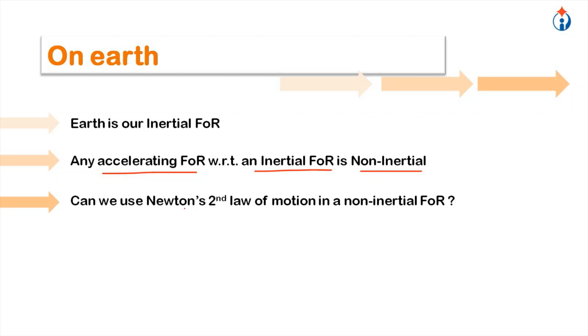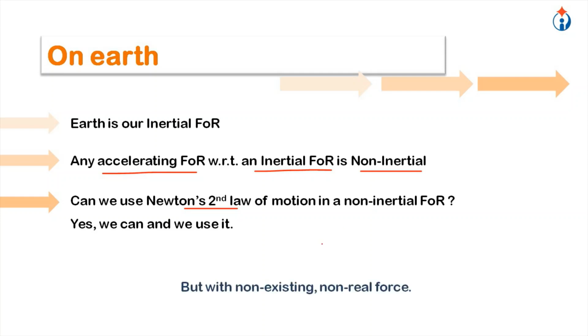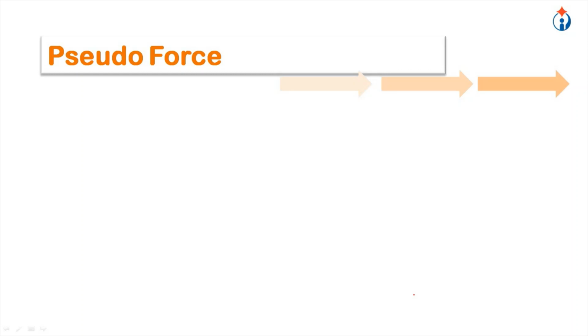Now, question comes, can we use Newton's second law of motion in a non-inertial frame of reference? Yes, we can, and we use it. But with non-existing, non-real force. Pseudo force. In reality, it's not there. There's no real force.